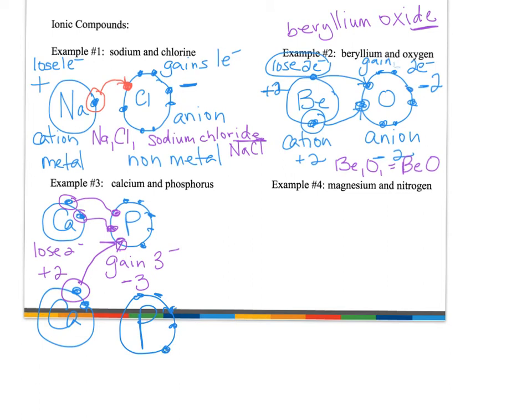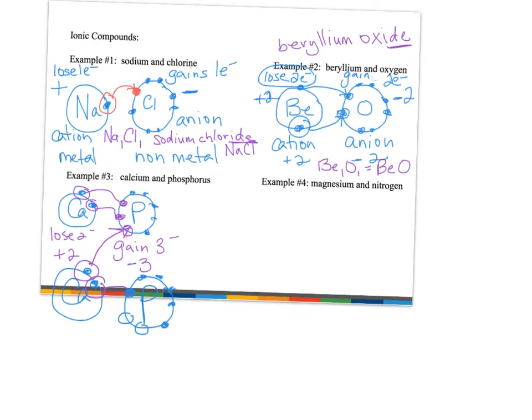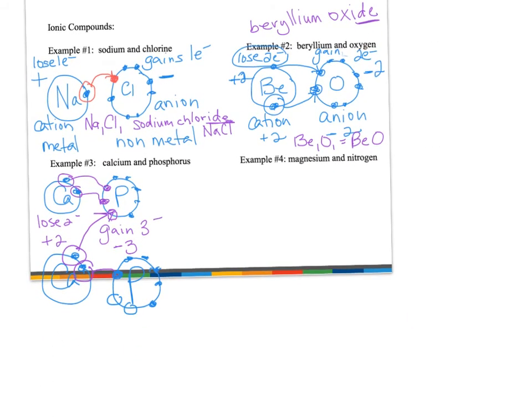So here's a second phosphorus atom with 5 valence electrons. I'm going to lose that calcium electron to this phosphorus. And that leaves this second phosphorus with two positions left open for valence electrons.